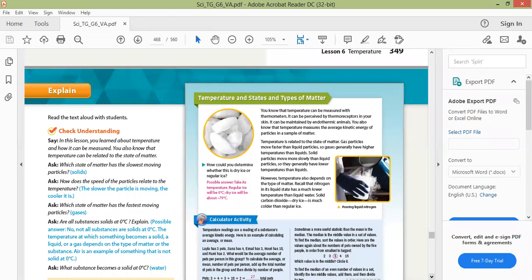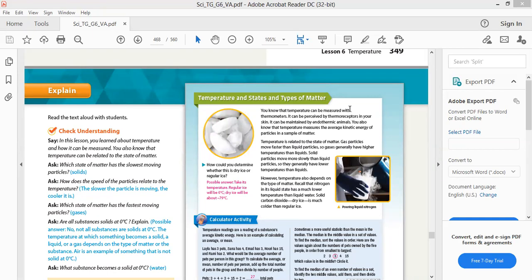Before I ask this question, what are the three states of matter? Yusuf. Gas, solid, liquid. Yes, right.